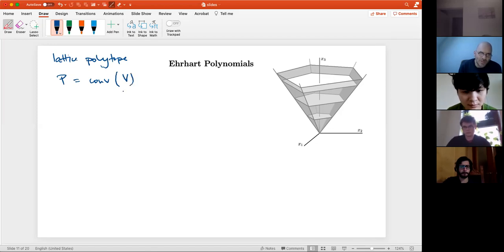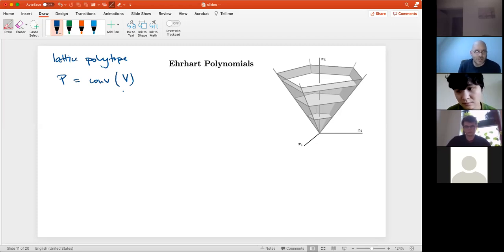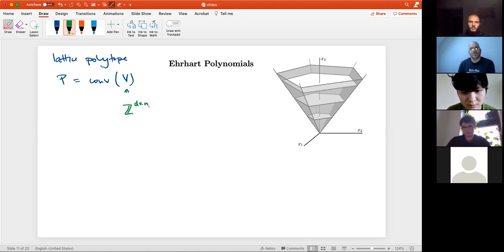I typically write the vectors in my convex hull description as a matrix V, so in my case it will be an integer matrix. Let's say I live in D dimensions and I have n vertices.